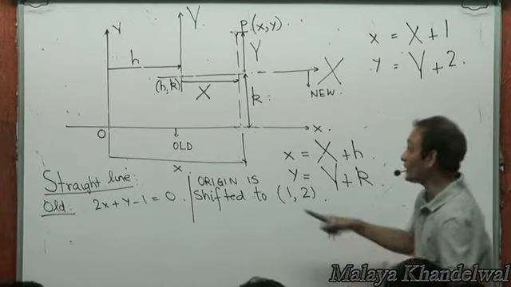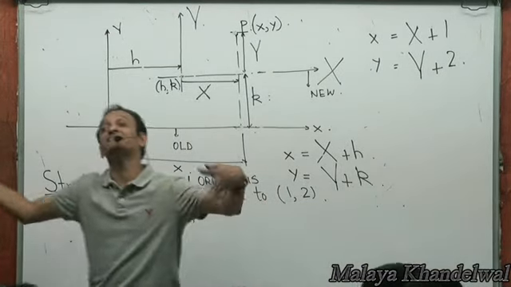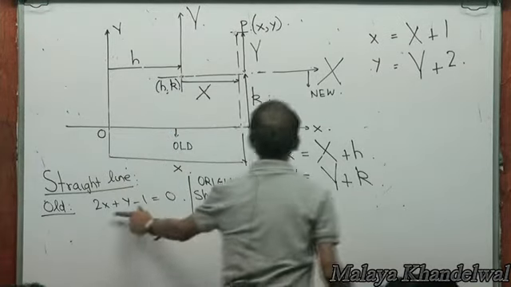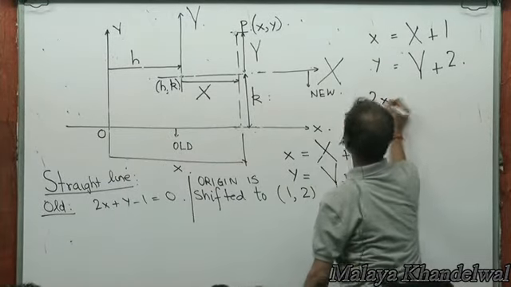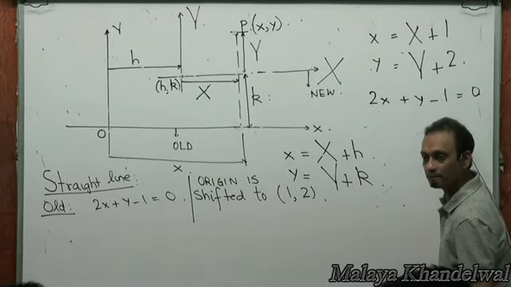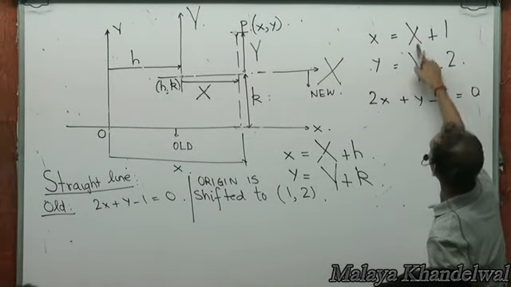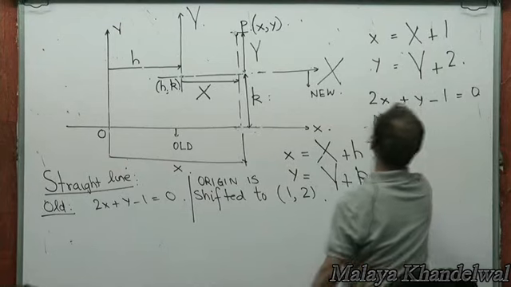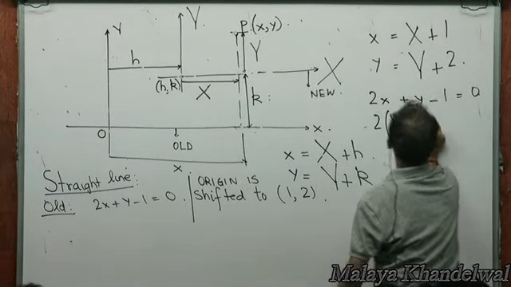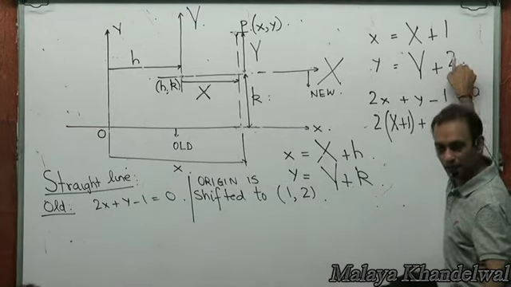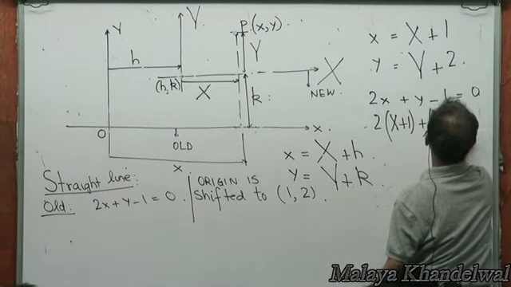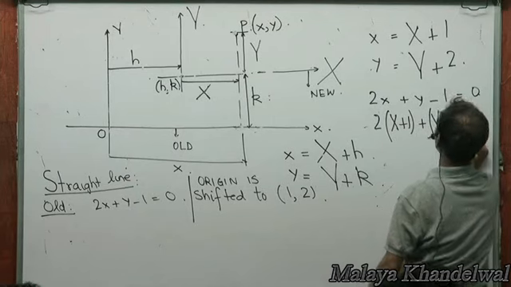I want to find the equation of this line in the capital X, capital Y system. The equation of this line is 2x plus y minus 1 equal to 0. Let me replace small x by capital X plus 1, and small y by capital Y plus 2, minus 1 equal to 0.